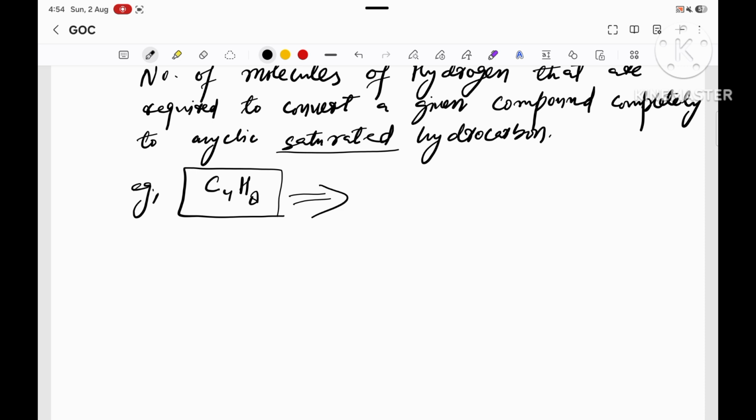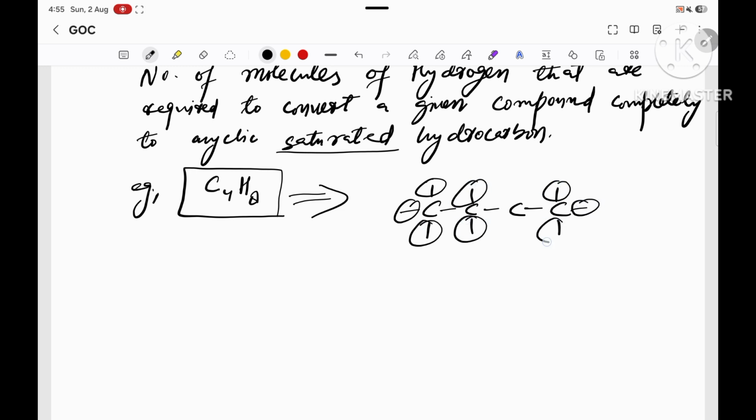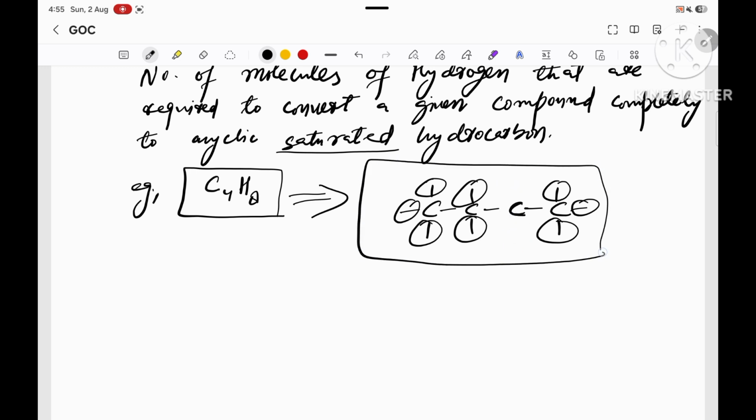If we write it directly like this, C4H8, here the valency is completed, here it is completed, here it is also completed, but there is one carbon which doesn't have any hydrogen atoms. So we check how many hydrogen atoms we require to convert it into the acyclic saturated hydrocarbon.